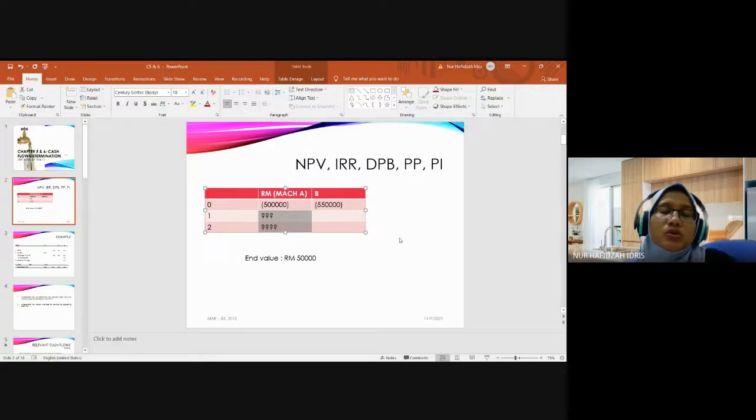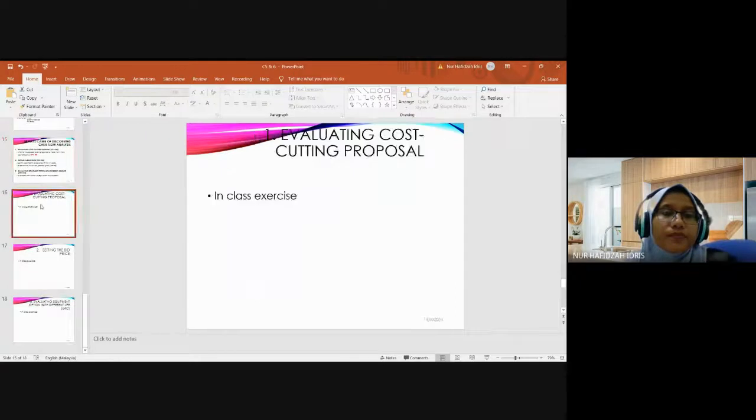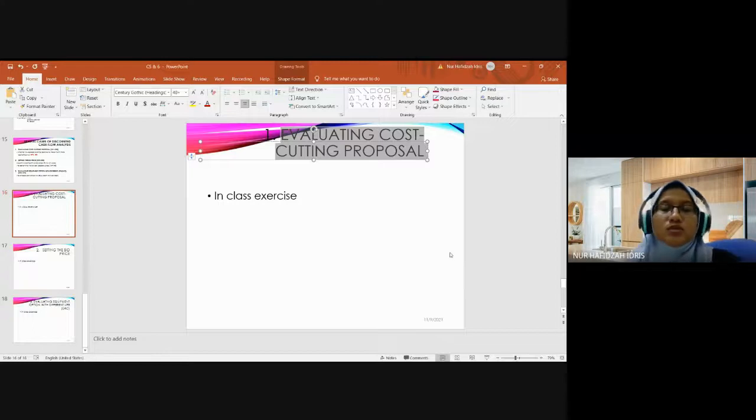So when we talk about cost, okay, decision making, kita akan ambil yang paling lowest cost. Okay. So now kita akan buat hari ini evaluating cost cutting proposal dulu.